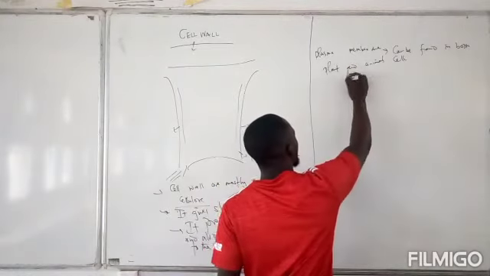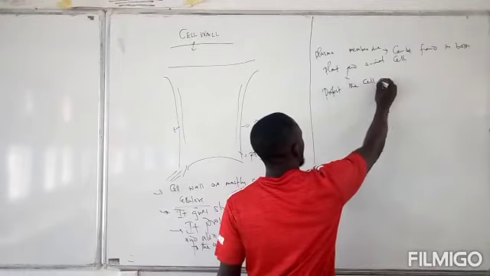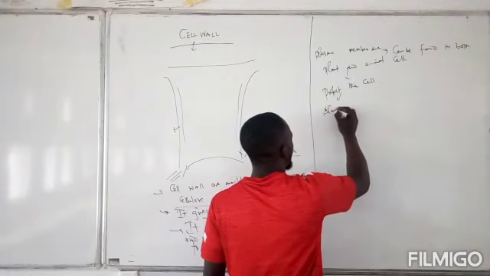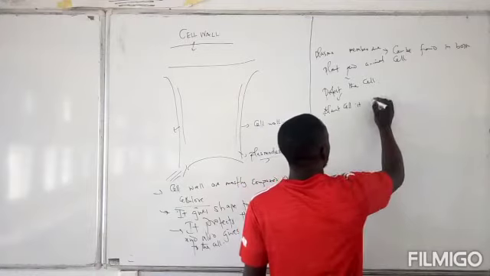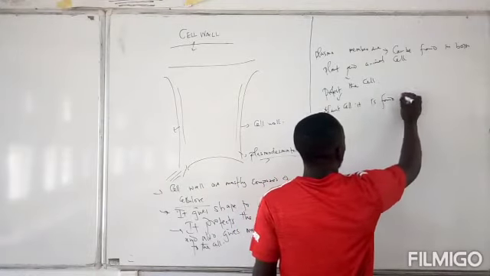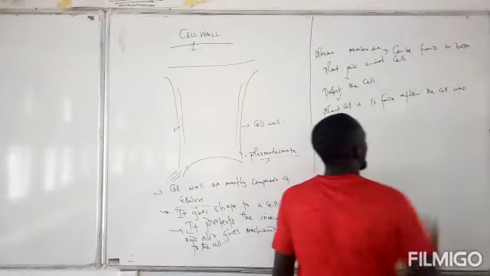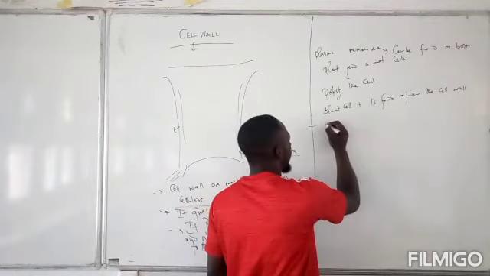The cell membrane protects the cell, and for plant cells, it is found after the cell wall. And for animal cells, it is found at the outer part of the cell.